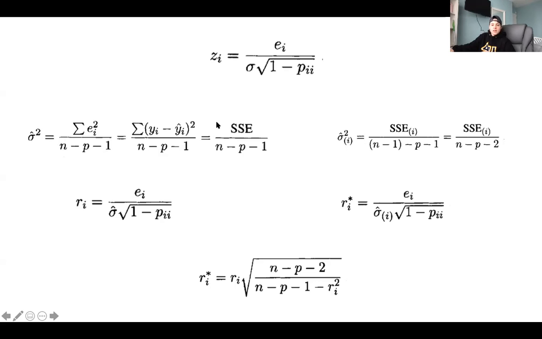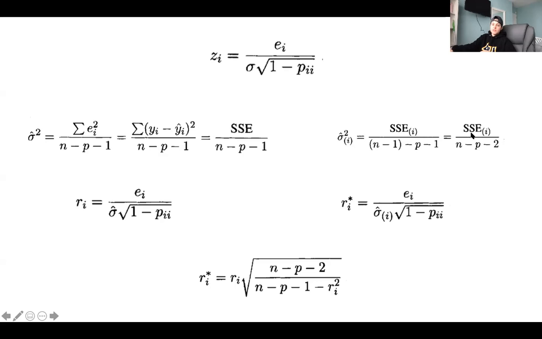And like we've seen in previous videos, this numerator is simply equal to our SSE value. And then of course we would divide that by our degrees of freedom once again. This formula on the right is just an alternative way of writing out this formula. We can write sigma hat squared sub i, which is equal to our SSE sub i all over n minus 1 minus p minus 1.